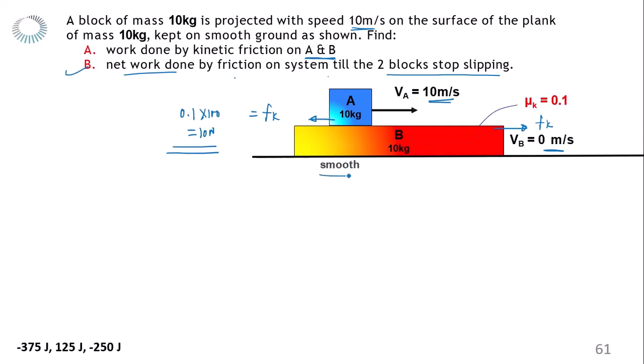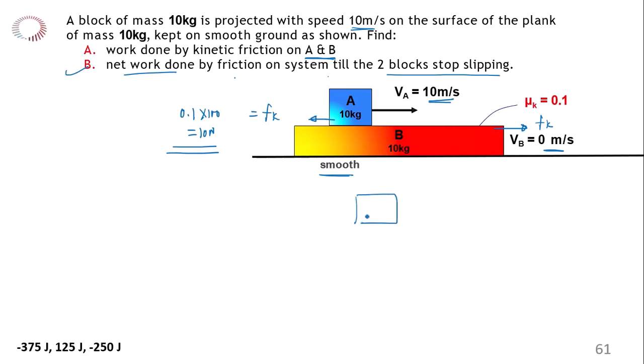So B block is moving in the forward direction, and A block is also moving in the forward direction, but gradually its velocity will be reduced. So first of all, you have to calculate the work done by the friction on A and B till the two blocks stop slipping. First you have to understand when the two blocks will stop slipping.